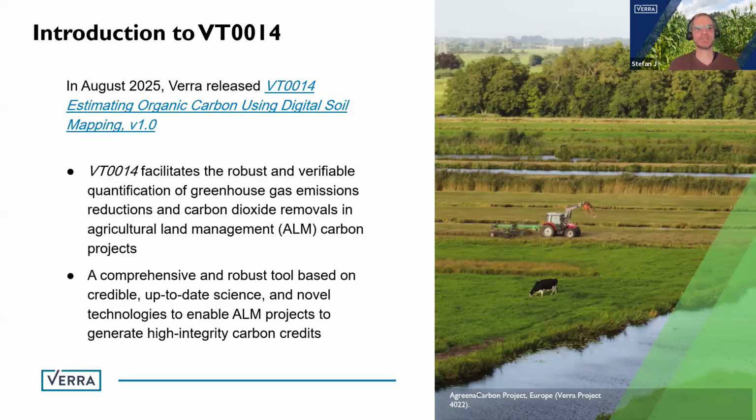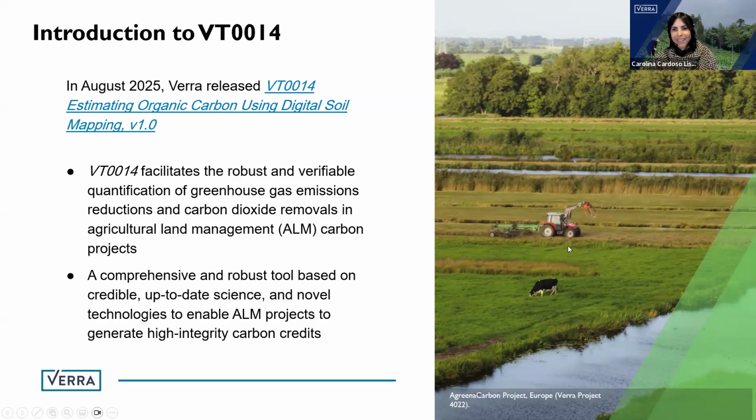And the tool is really based on robust, credible and up-to-date science and novel technologies that are coming online, and will enable and facilitate and scale up the rollout of agricultural land management projects to generate high-integrity carbon credits. So with that high-level introduction, I will pass it over to Carolina to provide some more details. Thank you.